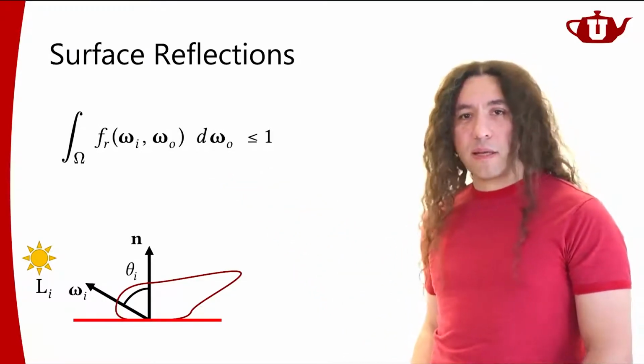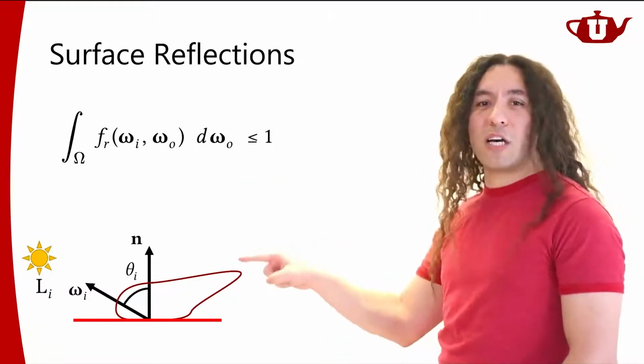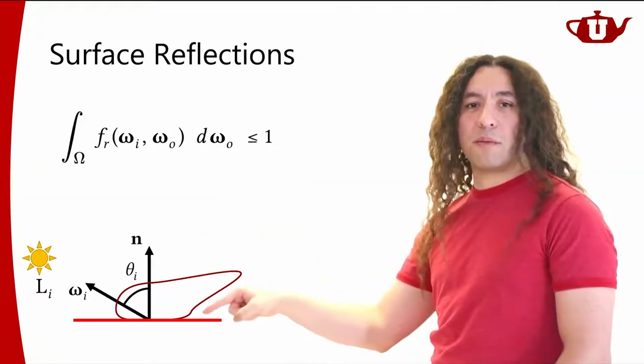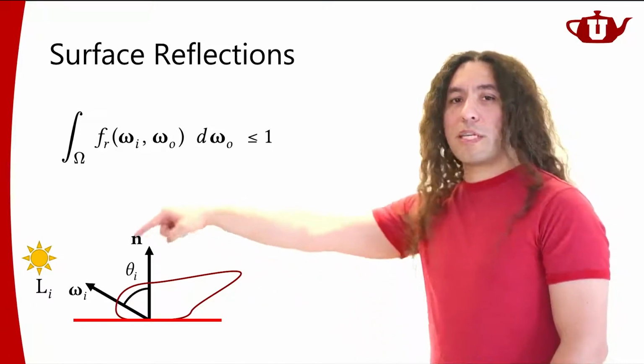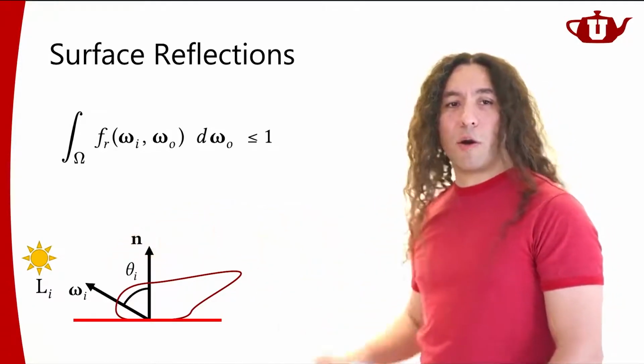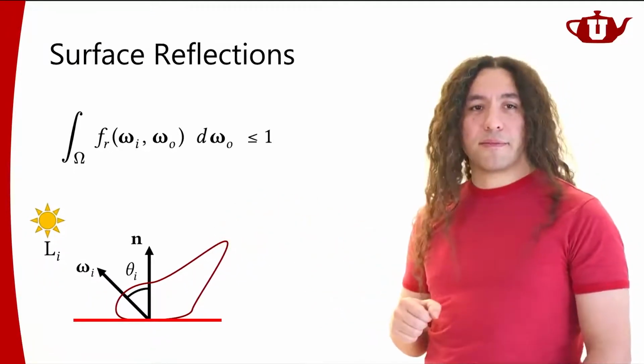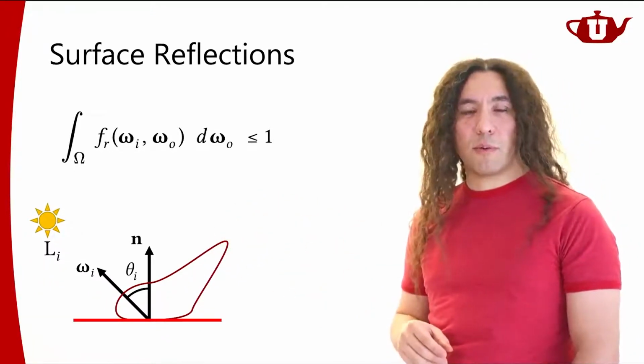But of course, it depends. So this is just one instance of this 2D cross section of what the BRDF would look like for this particular incoming light direction omega I. And of course, if I change that omega I to something else, the BRDF shape is going to deform accordingly.